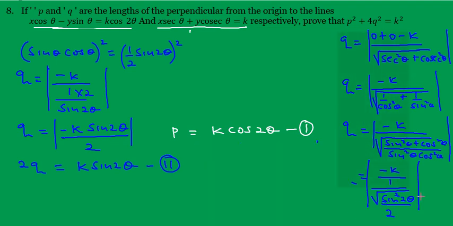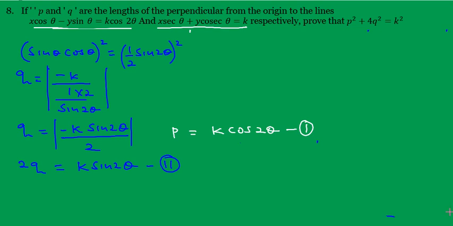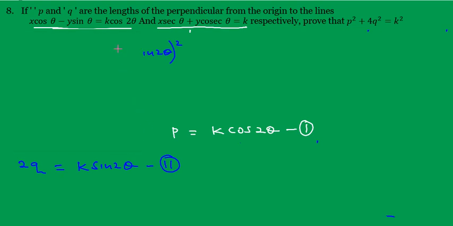We no longer need this. Alright, so I have 2q equal to k sine 2 theta as equation 1, and I have p equal to k cos 2 theta as my second equation.